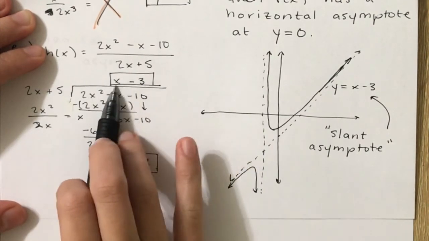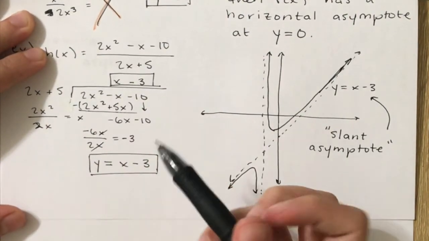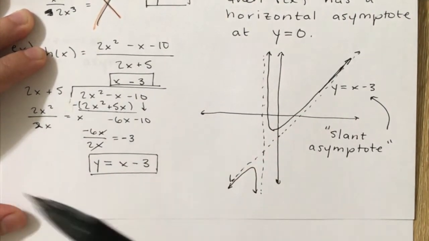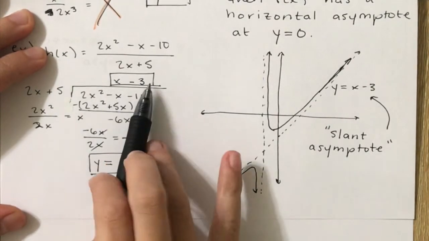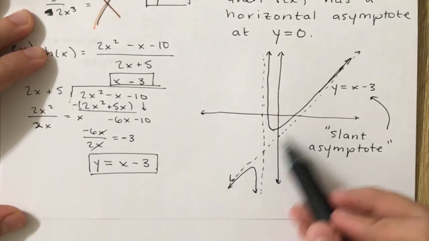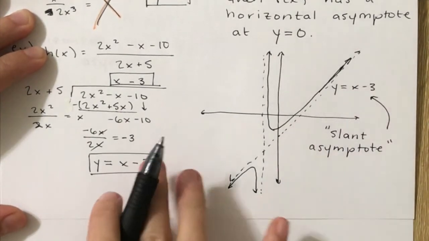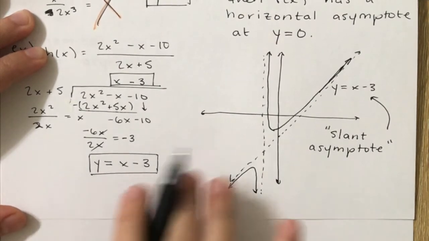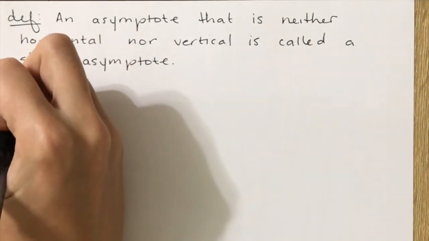Anything with x in it, just plain x, maybe it's 2x or 3x or negative 5x, but not x squared or x cubed, is a line. So we have this line that looks like the end behavior of our graph. So slant asymptotes, where we have a line, are going to occur when we have a degree 1 larger on the top than on the bottom.